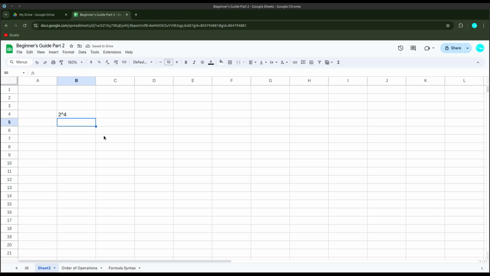So 2 times 2 times 2 times 2, and this is 16. If I put an equal sign at the beginning, Google Sheets will calculate this exponential calculation.